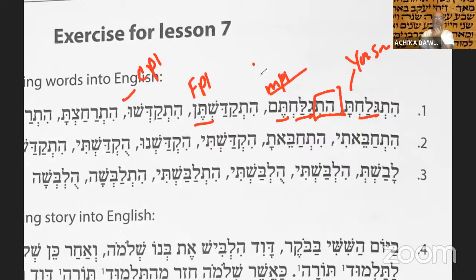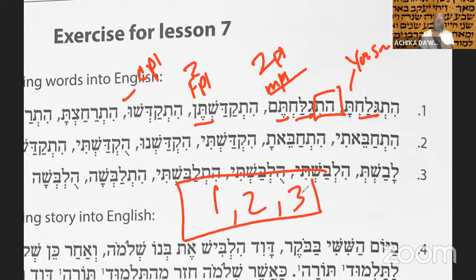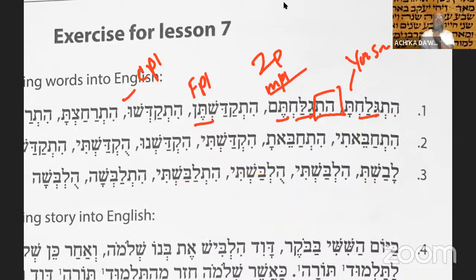Even though it's feminine plural, it's either first, second, or third person. And here it's a second. So it's either going to be first person, second person, or third person. Those are the only people you have to worry about. And it's going to be singular, plural, or common. Masculine or feminine. That's it.